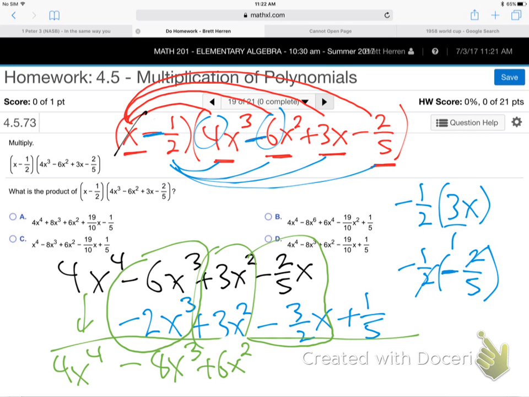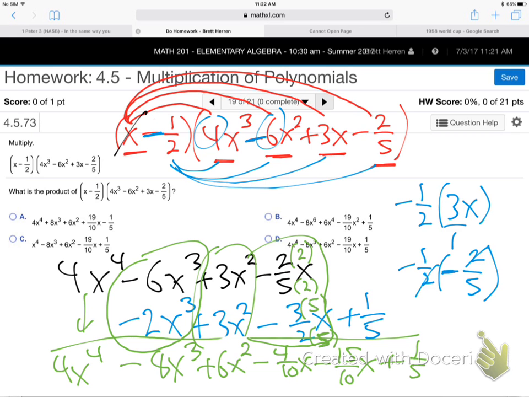Common denominator. Unless your calculator will just do it straight. Just do common denominator. So multiply top and bottom of this one by 2. Top and bottom of this one by 5. And so what do you get? Minus 4/10 x minus 15/10 x. And then bring down the 1/5. And then you can combine those two, huh?